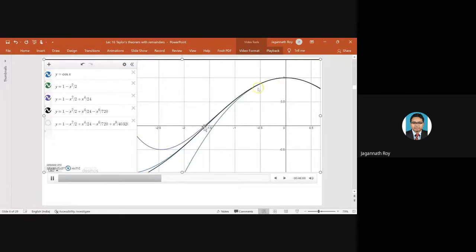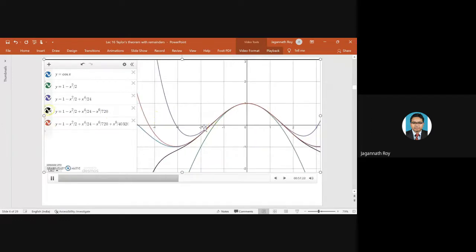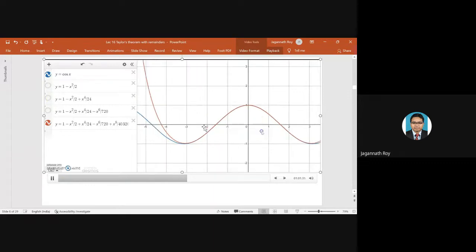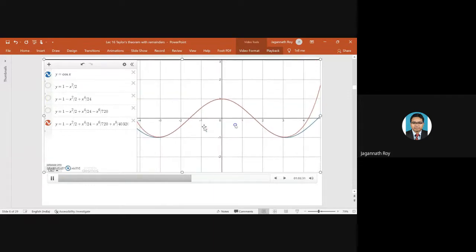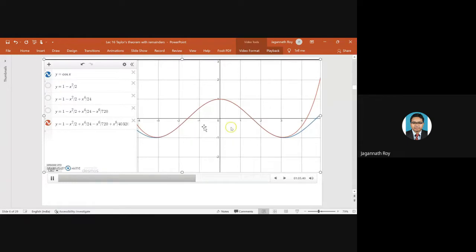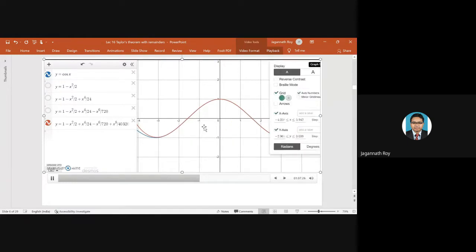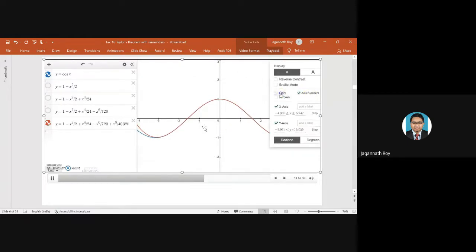Now, if you take the sixth order polynomial, it is matching more points. If you take the eighth order polynomial, then this is from minus 3 to plus 3. It is matching this many values.